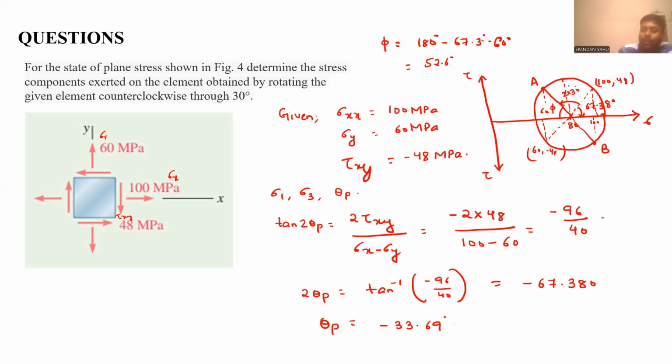So now we can write the radius as the square root of (100 minus 80) whole square plus 48 whole square.